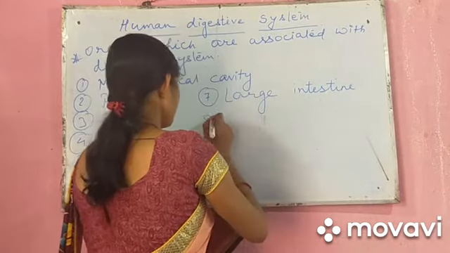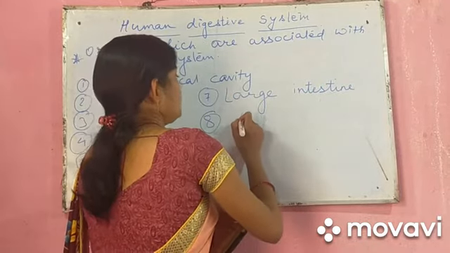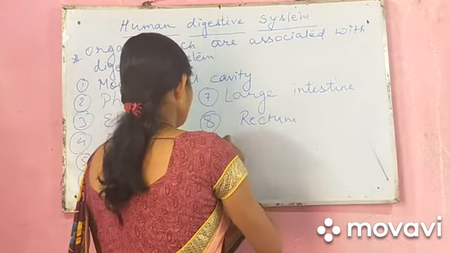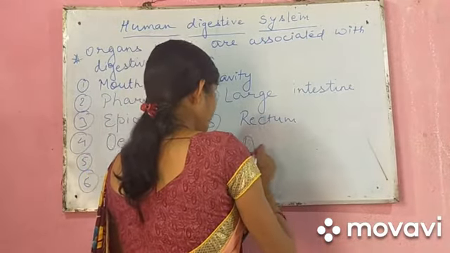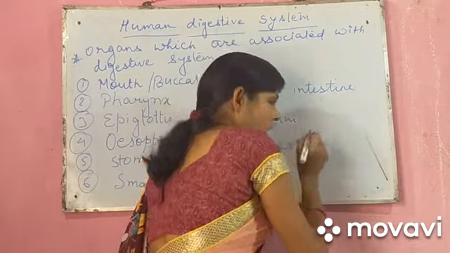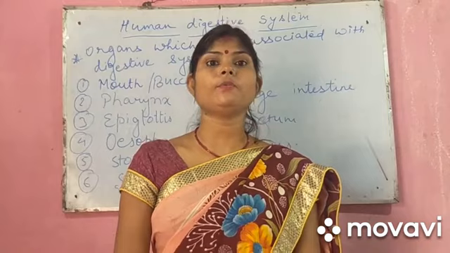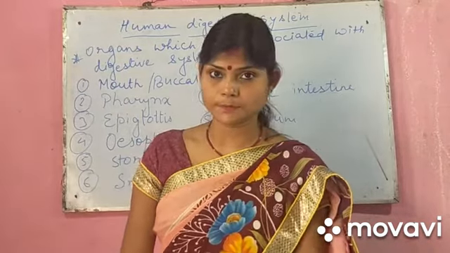Then rectum. And ninth one was the anus. These are the organs which are associated with our digestive system.